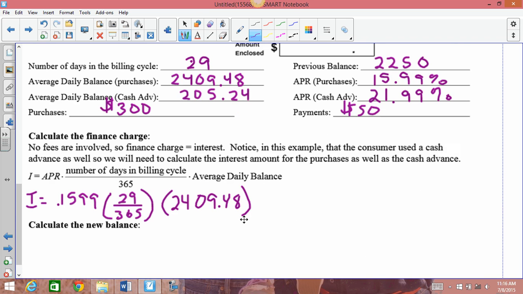In this case, it was higher because this person had a carryover balance, but usually it's not higher. If you pay it off each month, then you don't have to worry about any kind of interest at all. Multiply this straight across, and you're going to have $30.61.